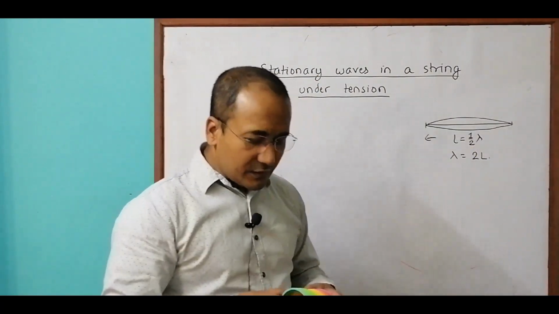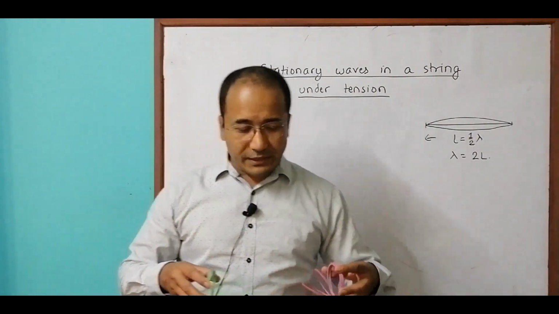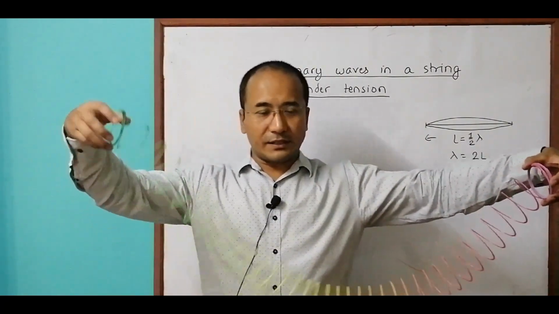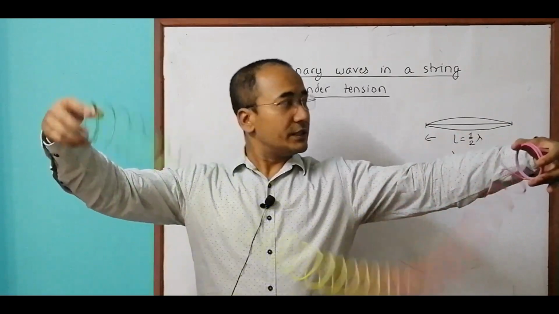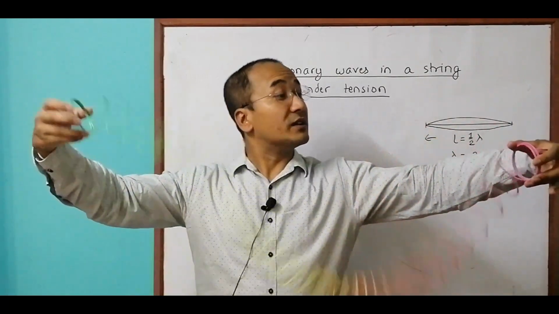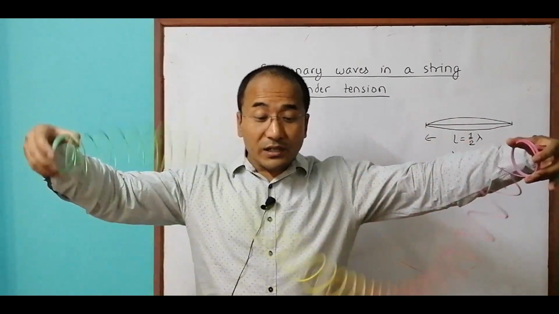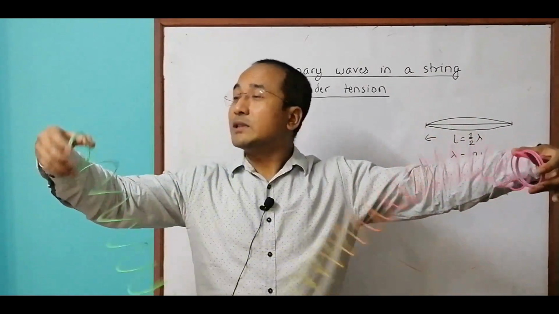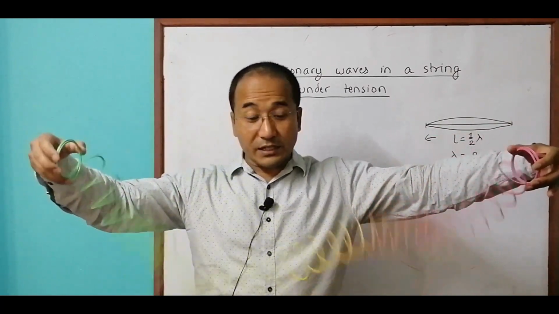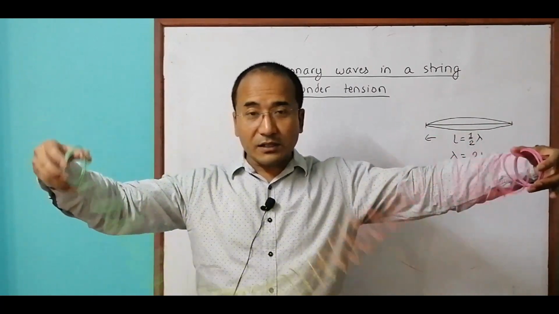Now if I increase the intensity or frequency of vibration, it will start to vibrate like this. See, the mode of vibration has changed. Now we have a node there at the very edge, a node here in the middle, and a node there. Then we have two antinodes here. The central region has got the node.